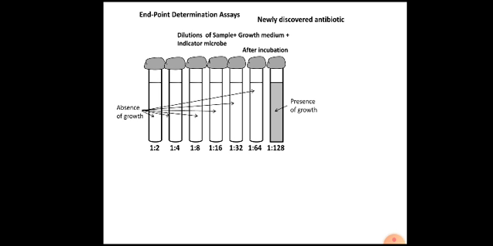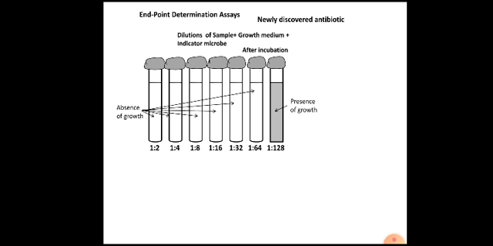The left hand side tubes will show very little growth or absence of growth, and the right hand side tubes will show the presence of growth, because the left hand side tubes have the highest concentration of antibiotic as they are least diluted, and the right side tubes are most highly diluted and have the least concentration of antibiotic.